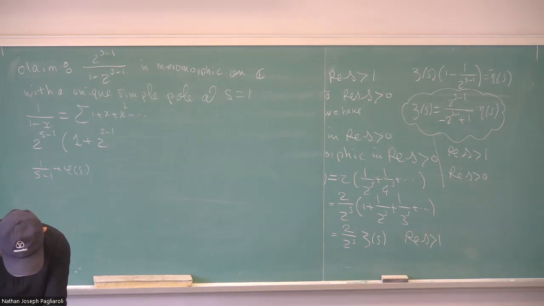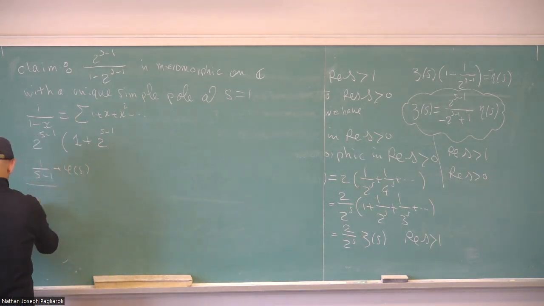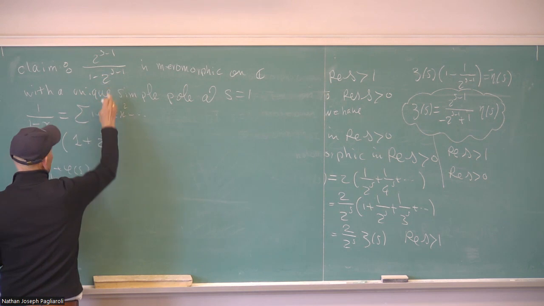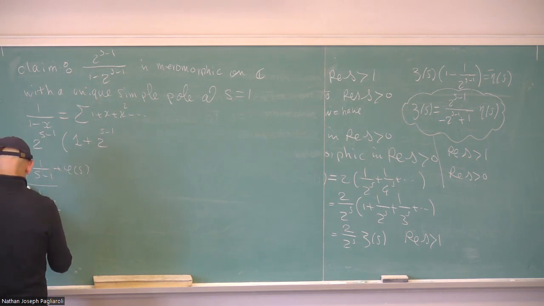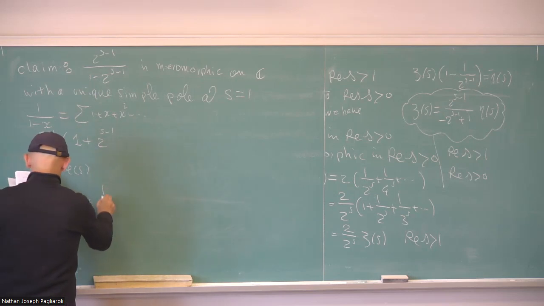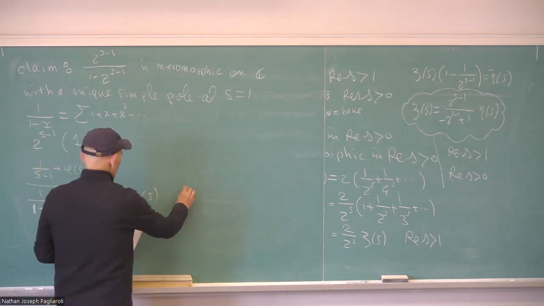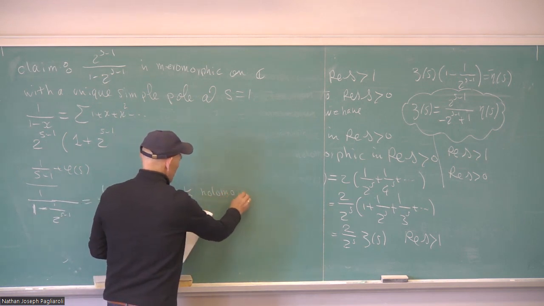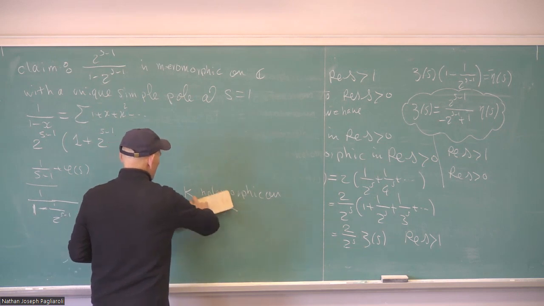So the claim I'm making is that 1 over 2 s minus 1 equal to 1 over s minus 1 plus k of s, where k is holomorphic everywhere in real part of s.